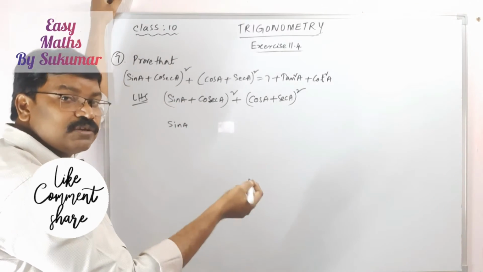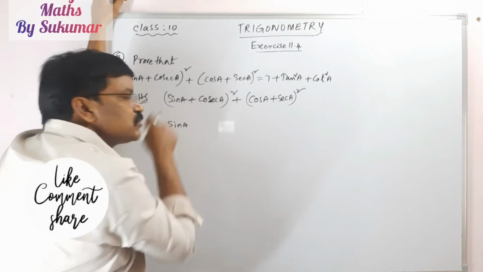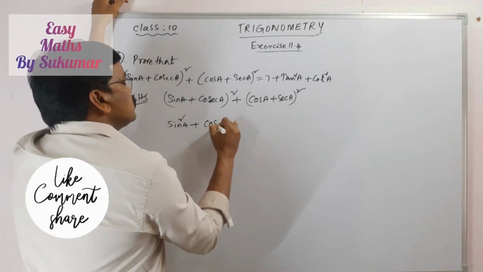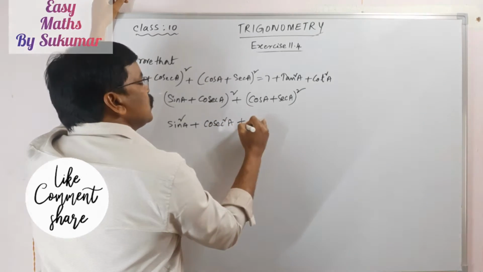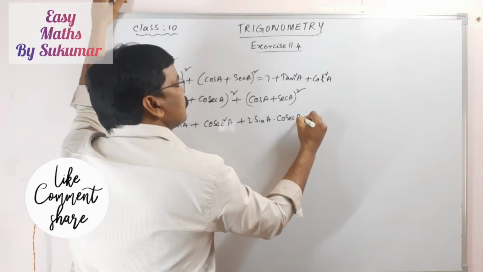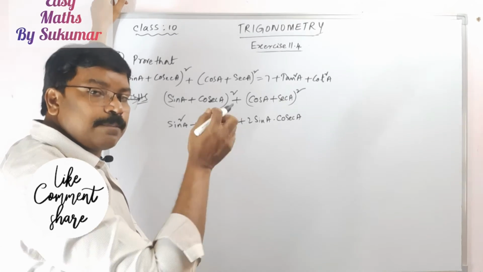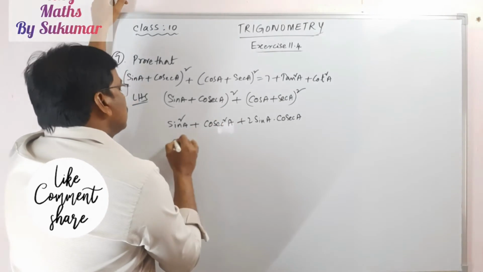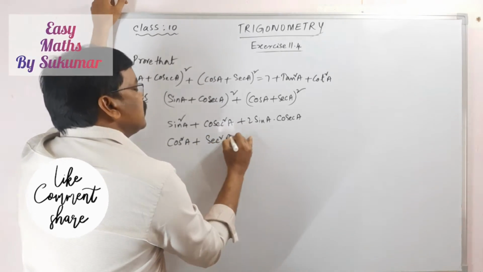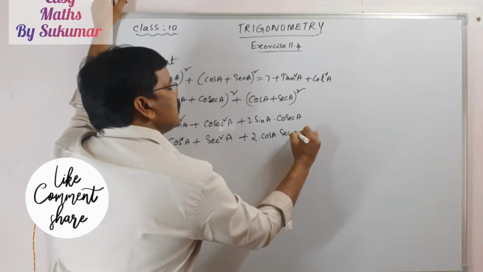Let us expand using A plus B whole square, where A is sin A and B is cosecant A, right? Like this, sin square A plus cosecant square A plus 2 into sin A into cosecant A. Similarly, this cos A plus secant A also is in the form of A plus B whole square. That means cos square A plus secant square A plus 2 into cos A into secant A.